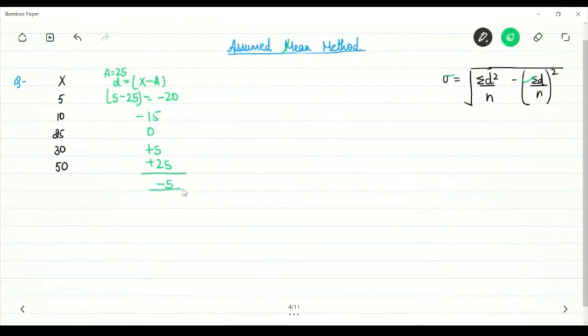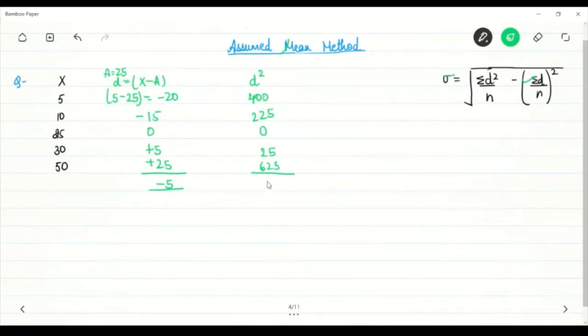Then we need to square the deviations. After squaring, the values that we get are 400, 225, 0, 25 and 625.